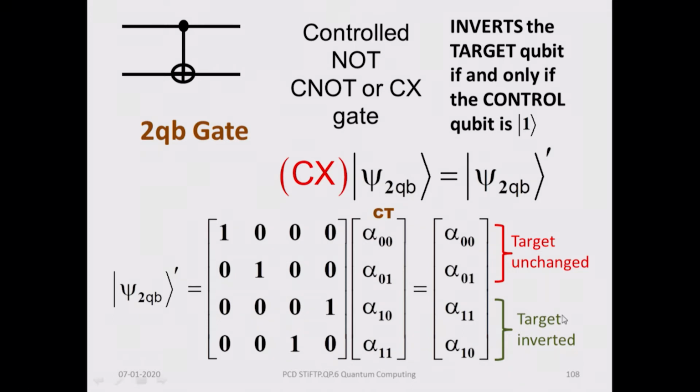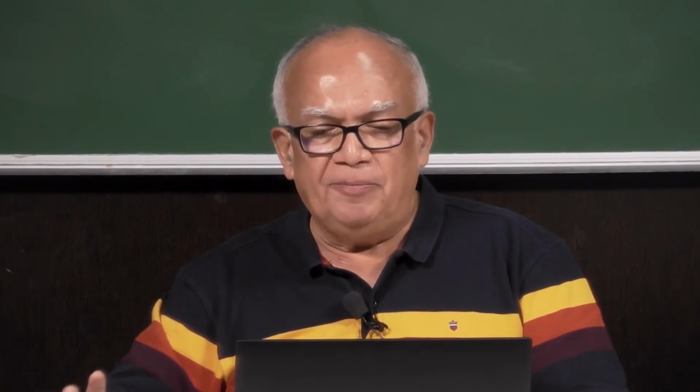And here these states have the control qubit as 1 and the target is 0 and 1. So, this 0 becomes 1 and this 1 becomes 0. So, this is the control NOT gate, okay, because you see that the 0 of the target state goes to 1 and the 1 of the target state goes to 0. So, it is a NOT gate on the target qubit provided the control qubit is in the state 1.